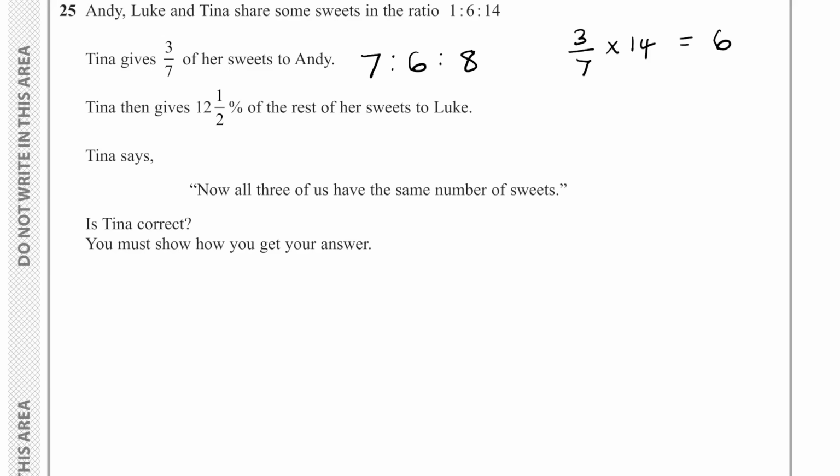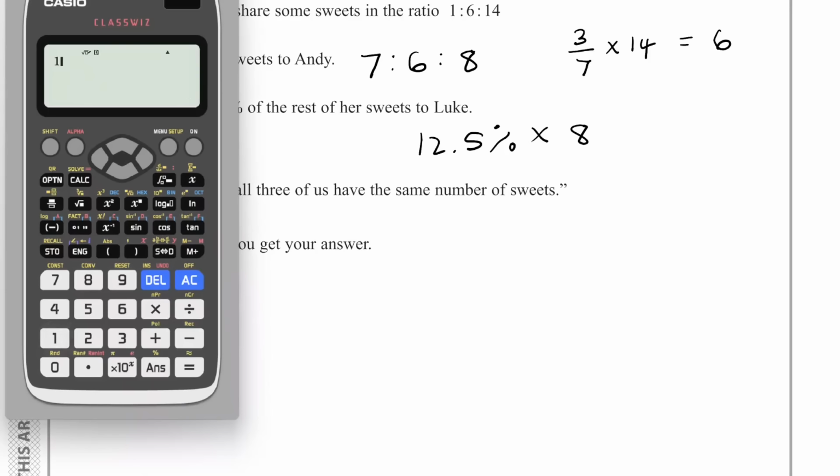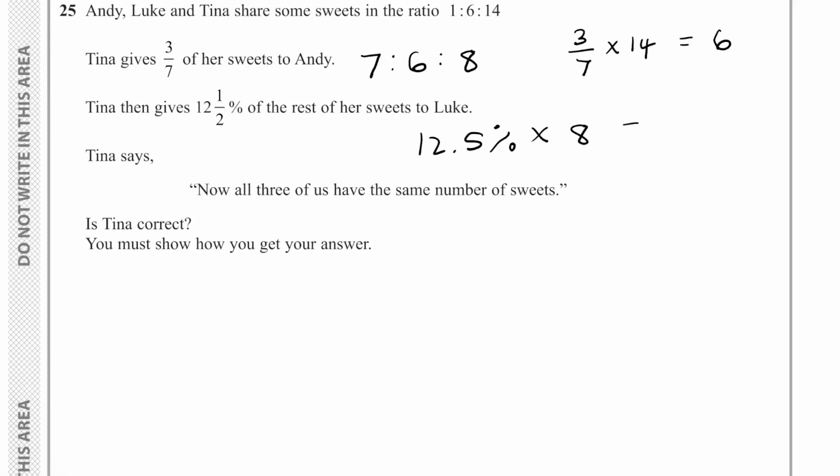Tina then gives 12.5% of the rest of her sweets to Luke. So 12.5% of 8 is 1.